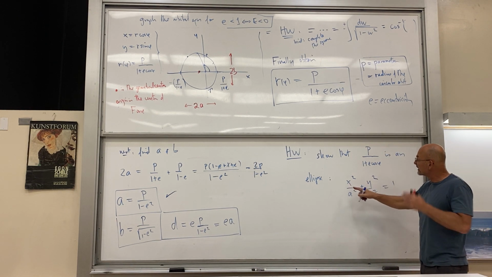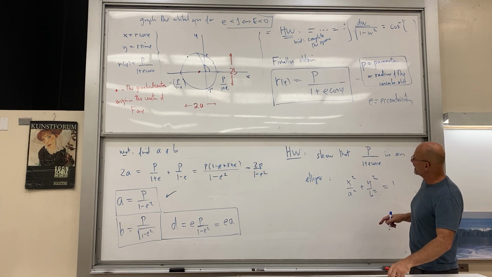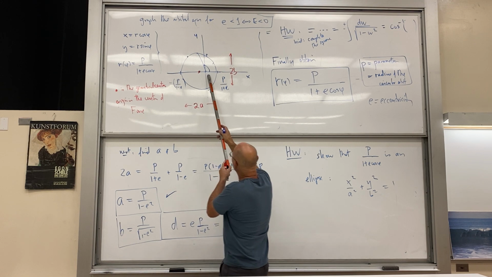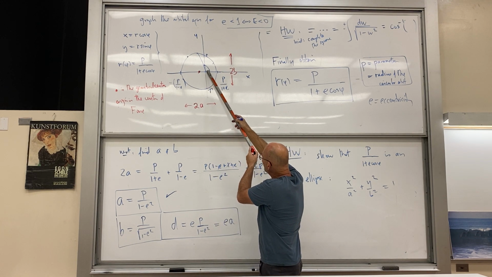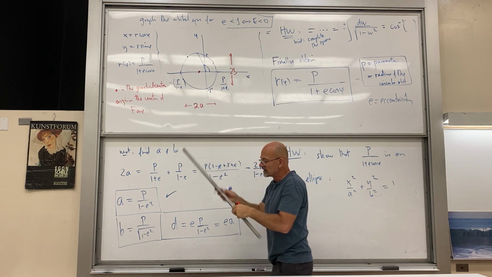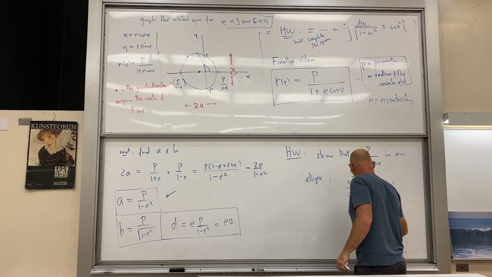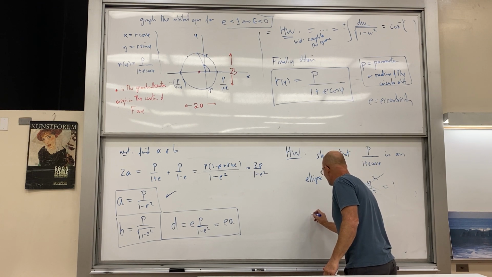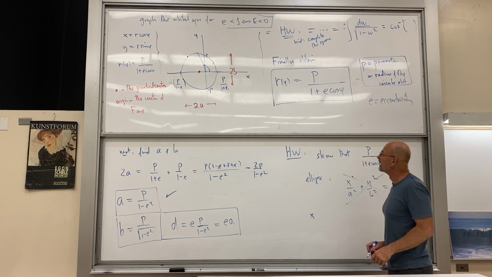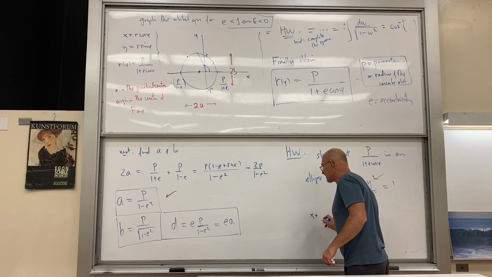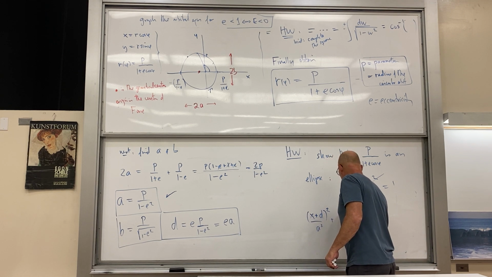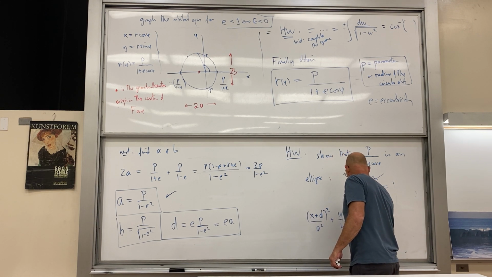But not so fast. This would be a big error because our x is with respect to that origin and not the center of the potential. So we actually have to write x plus d, squared, over a squared plus y squared over b squared equals 1.